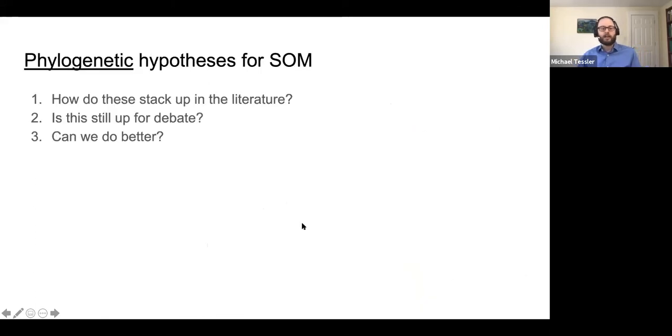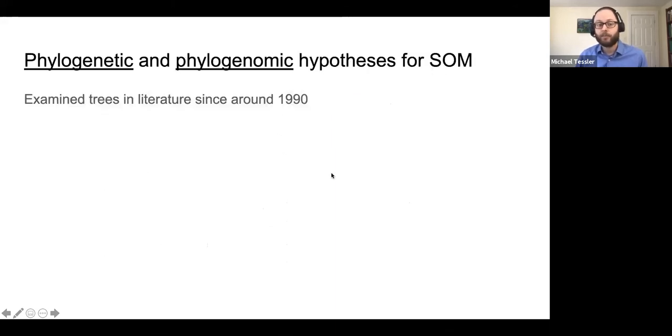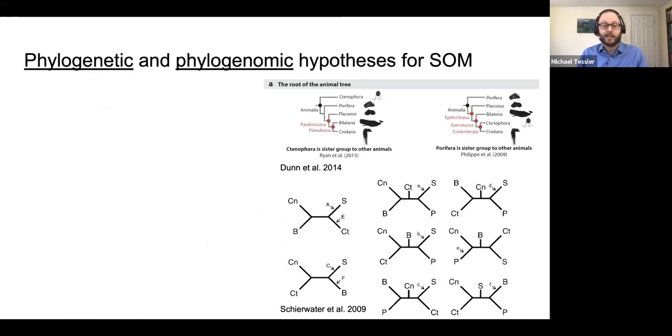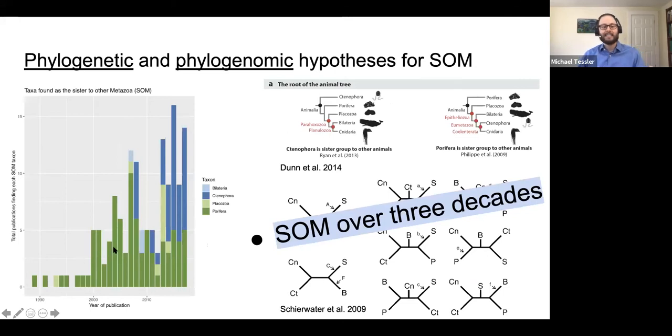So just walking through a few of these things. How do these things stack up in the literature? And then we're going to get into a couple more things. We looked through papers since the 90s and found a huge number of hypotheses again. Looking over these three decades, what we find is a shift largely from the most common hypothesis being Porifera for many, many years, shifting to ctenophores and Porifera more recently.